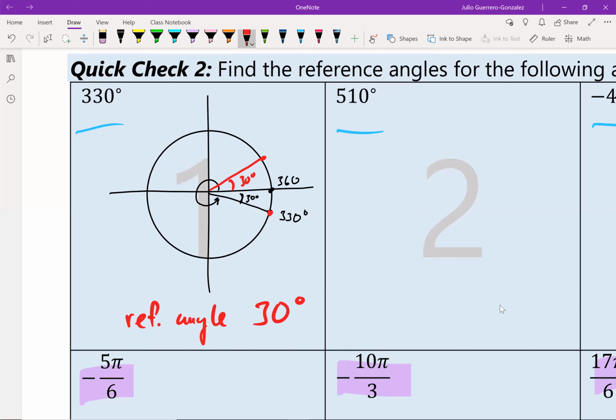Professor Leo, why did you switch the angle to the other side? What do you mean, did I switch the angle to the other side? The red one? I am looking for the reference angle, right? So it's not that I switched it, this 30 is the reference angle that I'm going to be using. I thought the reference angle was the one between 330 and 360.